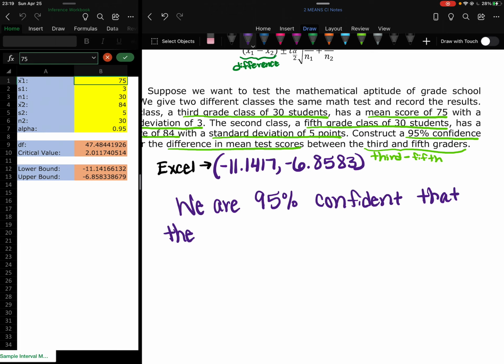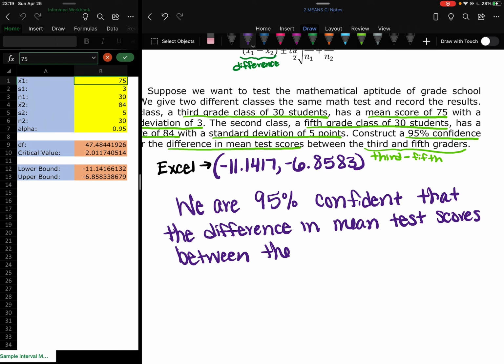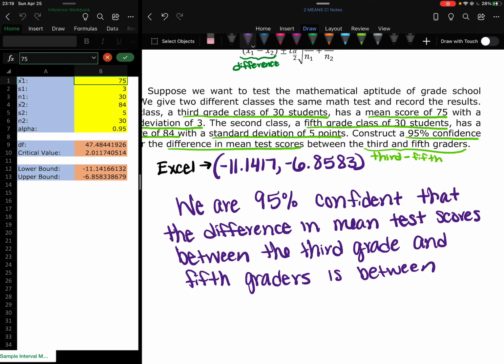We are 95% confident that the difference in mean test scores between the third grade and fifth grade graders is between negative 11.1417 and negative 6.8583.